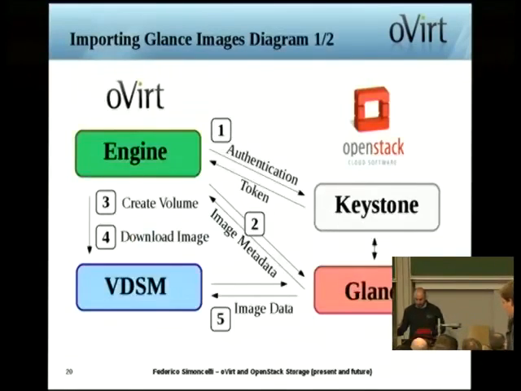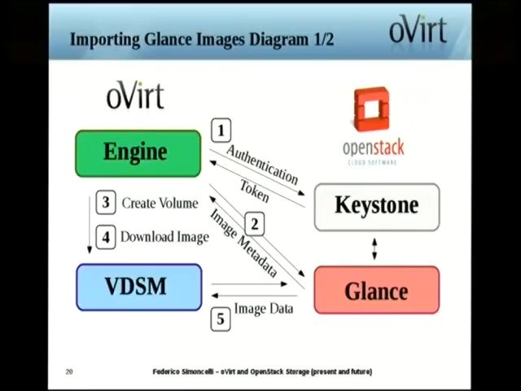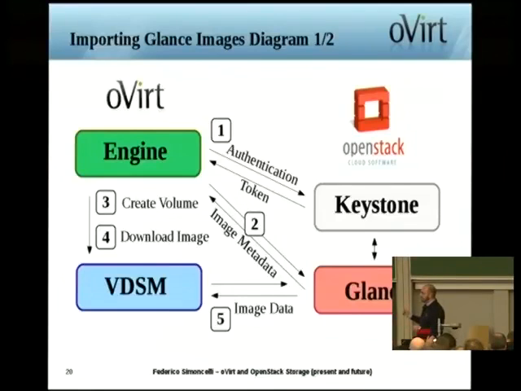And what happens behind the scenes is the engine again going to Keystone to request a token. It goes and discovers the image metadata in Glance so that it can create the internal representation of these images inside the engine.